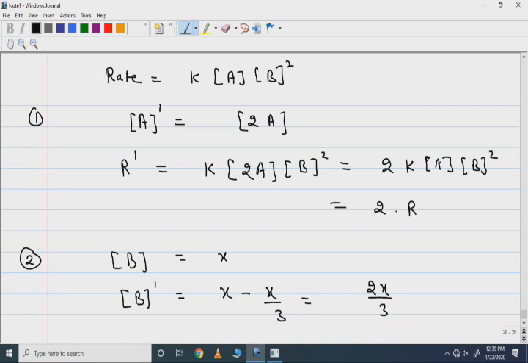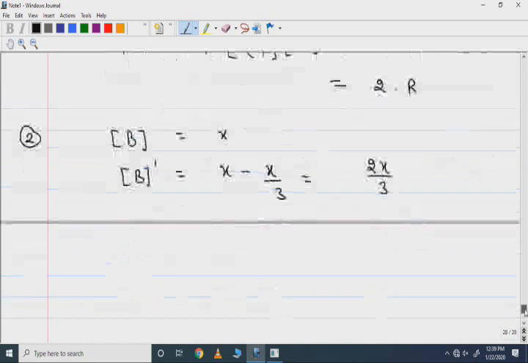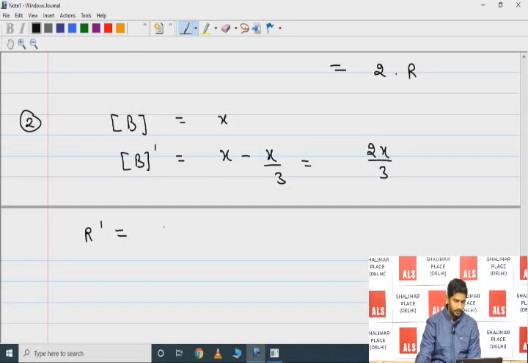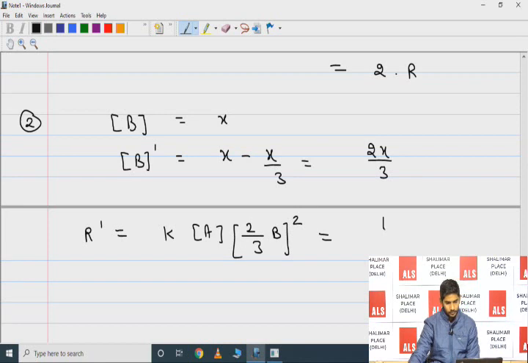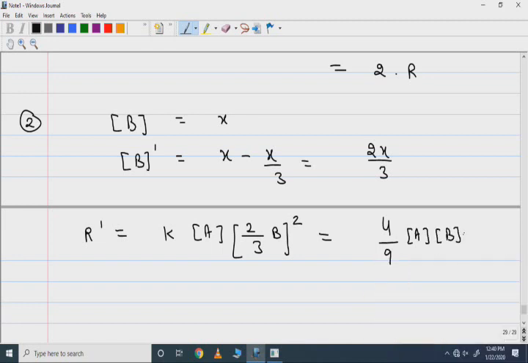Both are different statements. So the new concentration is 2/3 X. Now I can put these values. The new rate is K[A] (2/3 B) square, which is 4/9 K[A][B] square. So the new rate becomes 4/9 times the previous one. Can I say that?